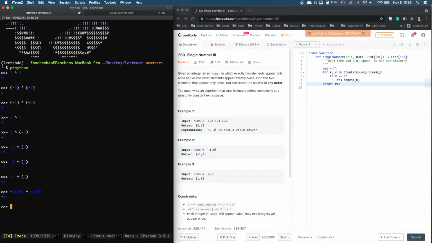The first half exclusive or will give us minus 2, and the second half exclusive or will give us whatever it is.